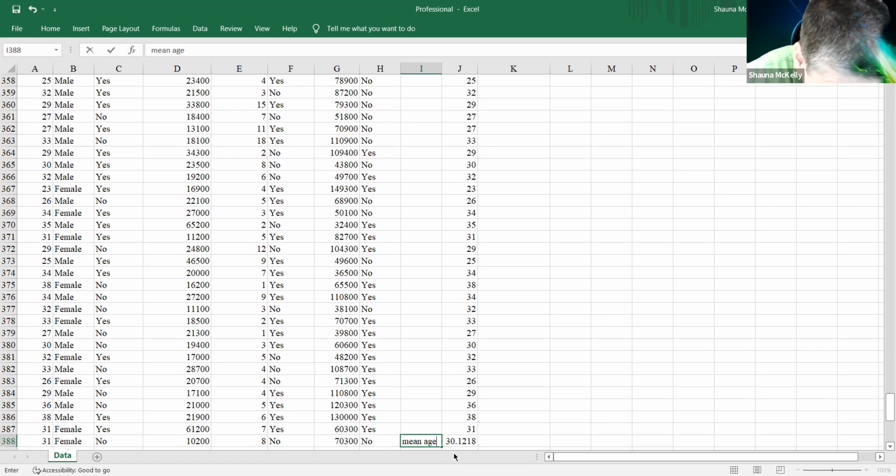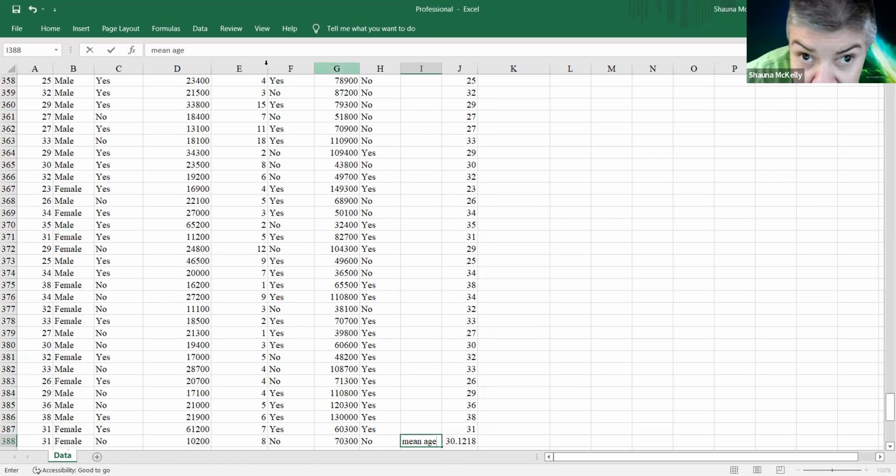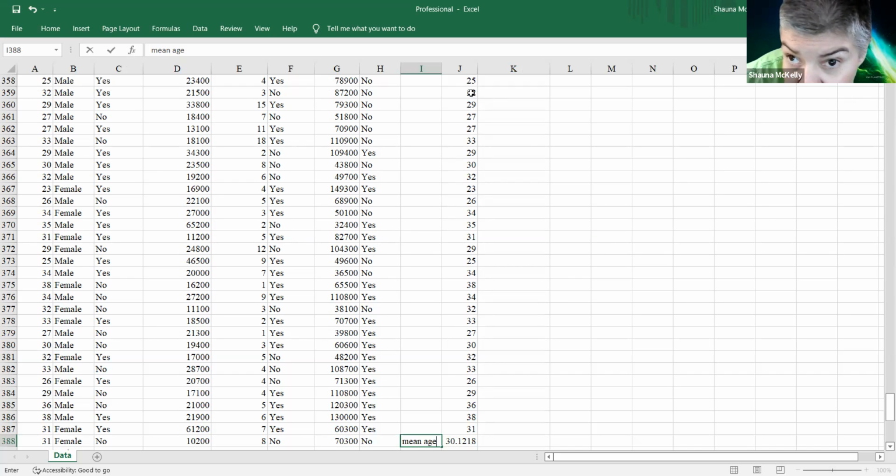Then we're going to do the standard deviation. So we're going to J2 to J387. So you're going to go to formulas, but I need to select something first.